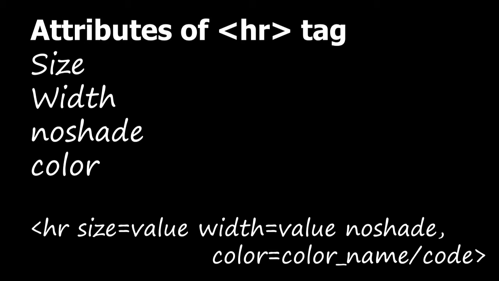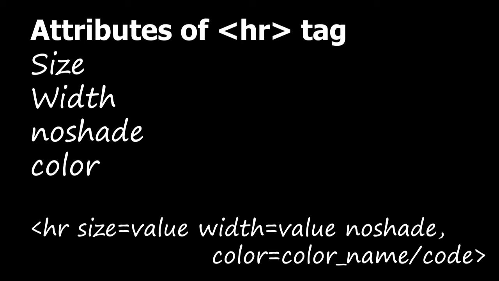For example, if you give HR size equal to 72, the thickness of that horizontal line will be 1 inch, right? The default size of this line will be 3 pixels. If you are not mentioning this attribute in the HR tag, by default the size of the line will be 3 pixels.